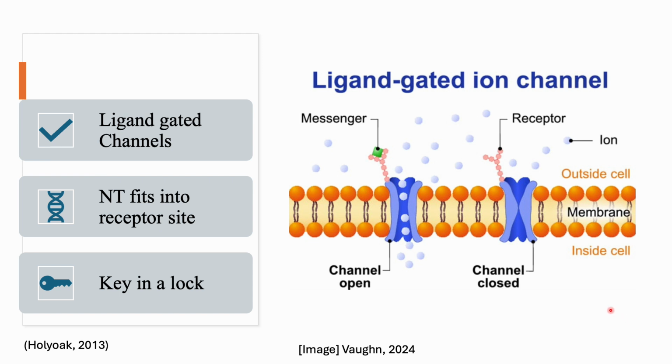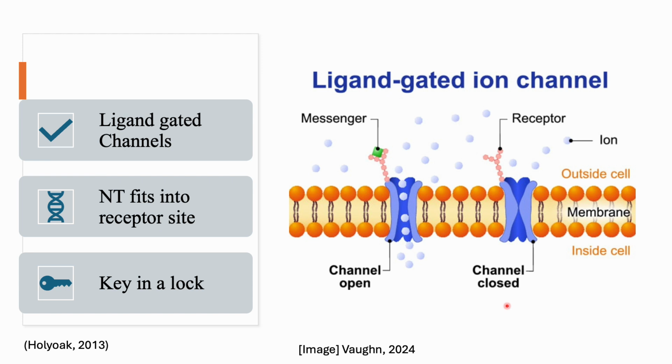Ligand-gated channels are opened by a neurotransmitter that fits into the receptor site like a key into a lock, as you can see here. The signaling chemical known as a ligand binds to the receptor molecule, which causes a cellular or tissue response, including a change in the cell's electrical activity.